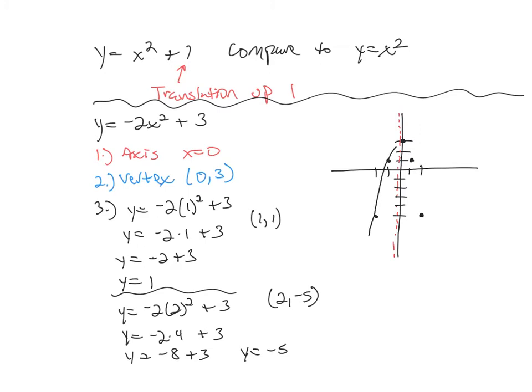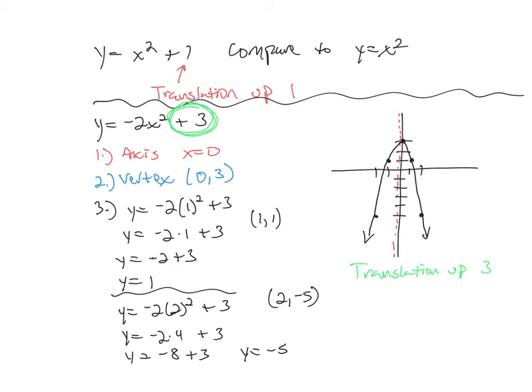So here we have, again, our upside down graph, which is caused by that negative sign in the front. Okay, so notice the vertex, instead of being at the very middle, it's up 3. That comes from the 3 at the end. So we'll have a translation up 3. And then when it says compare, this is what we need to list.